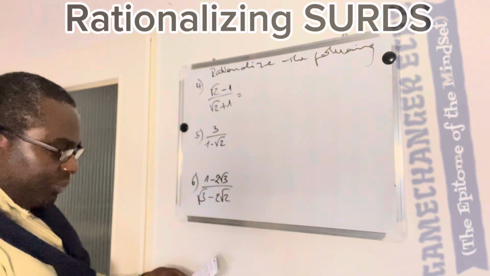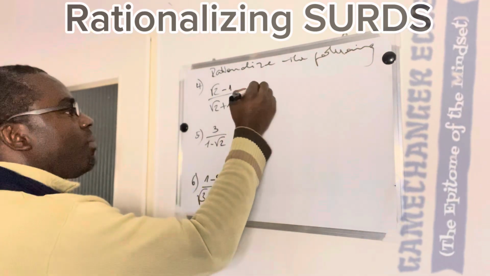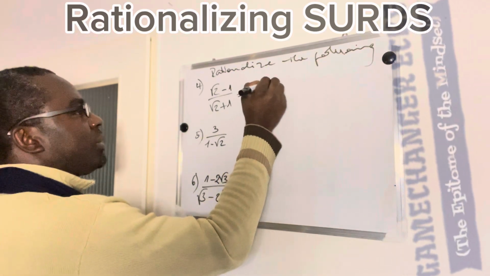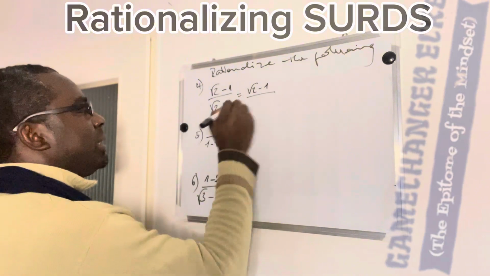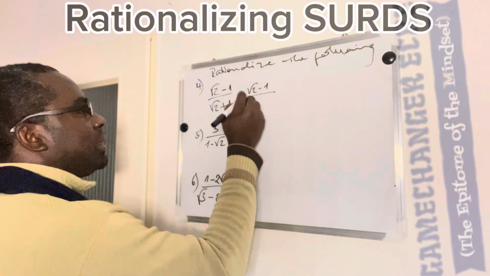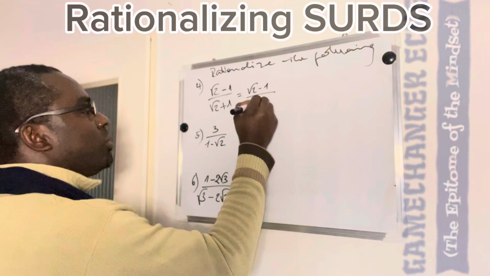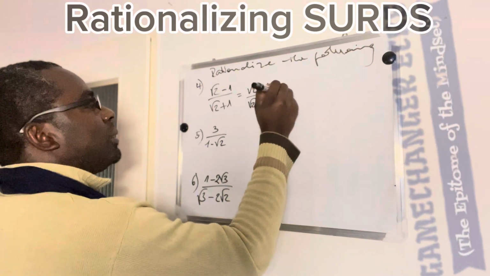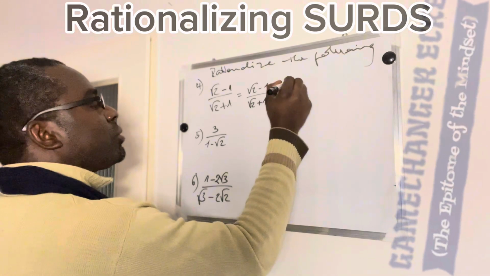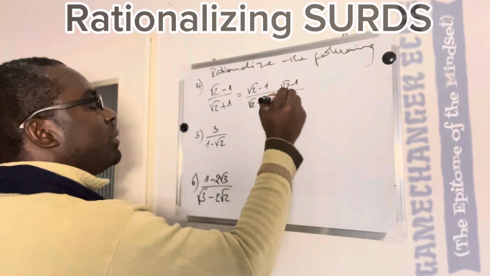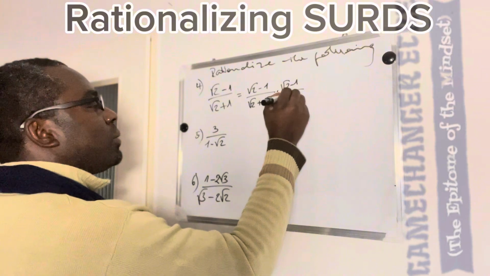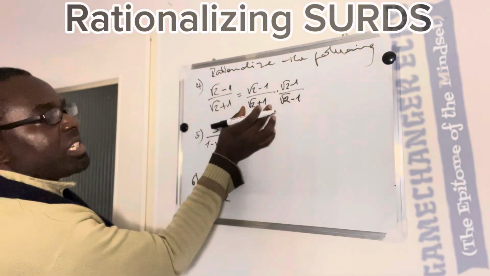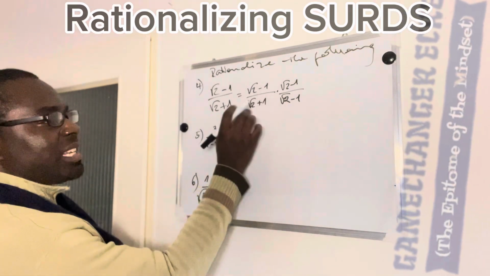So let's move on. From the previous example, we say root 2 minus 1 on root 2 plus 1 is the same as root 2 minus 1 times root 2 minus 1 on root 2 minus 1. Our focus is on this denominator because we want to rationalize the denominator.